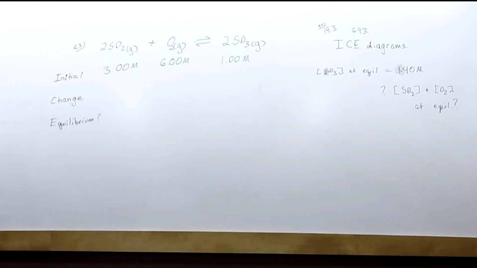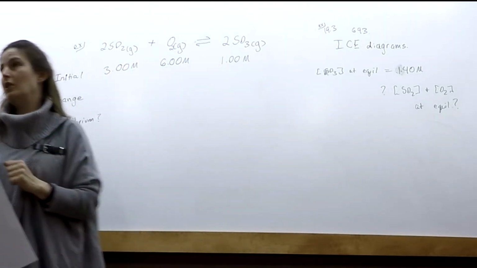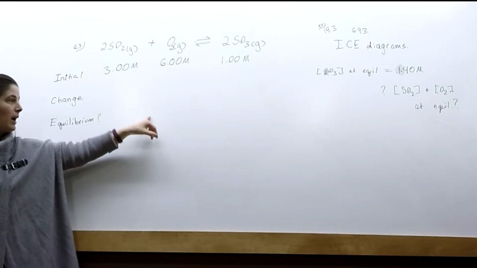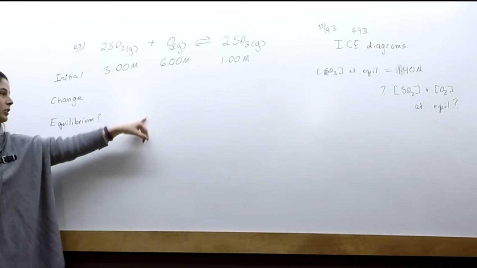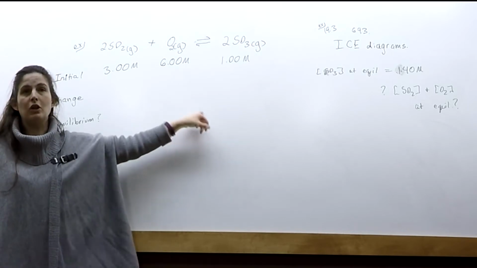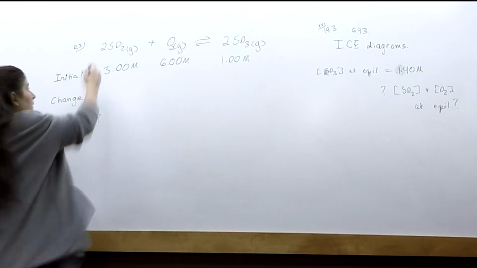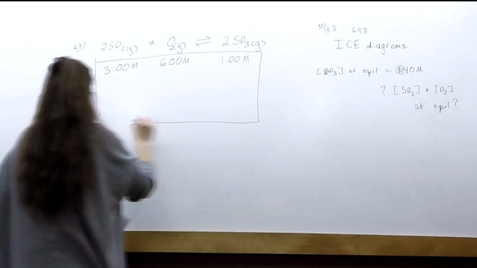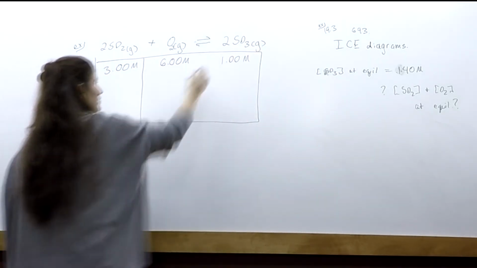If the equilibrium concentration of our product, SO3, is equal to 1.4 molar, what is the equilibrium concentration of your two reactants? And that is the question they want to know. So what you're determining is at the bottom here of this chart. What is the equilibrium concentration of the SO2? What is the equilibrium concentration of the O2? I'll draw a box here so it'll be a little easier.